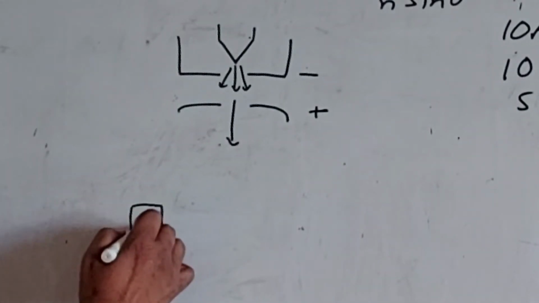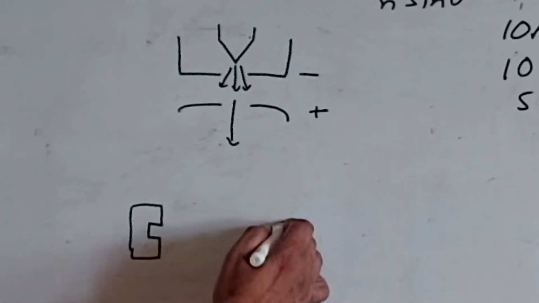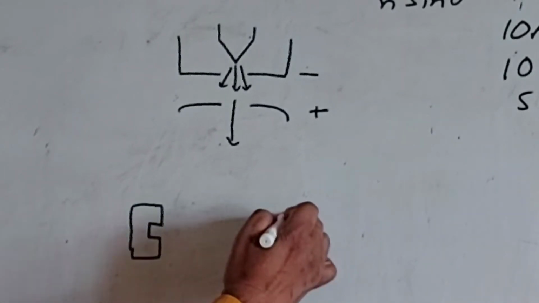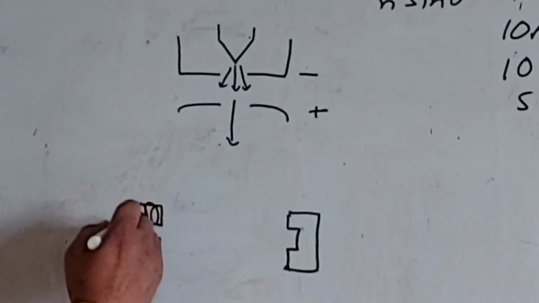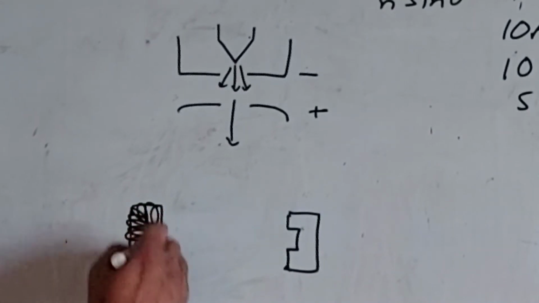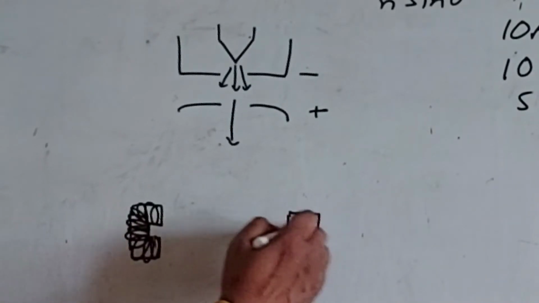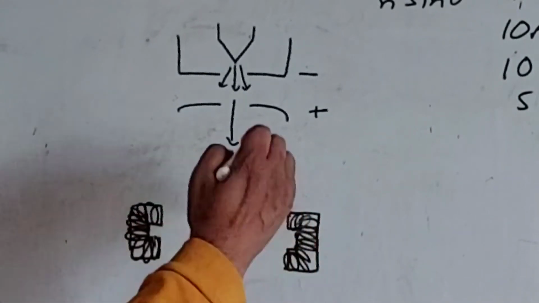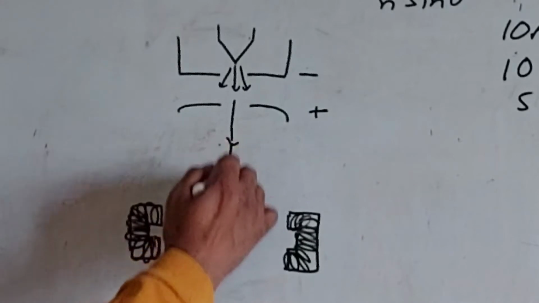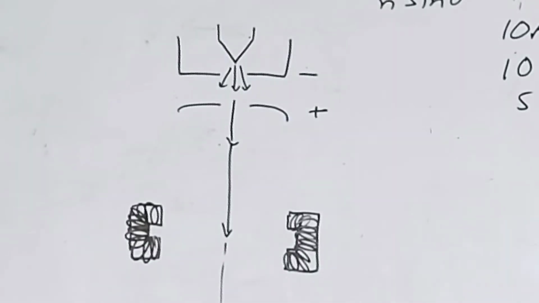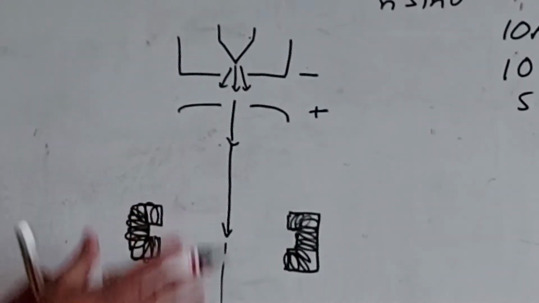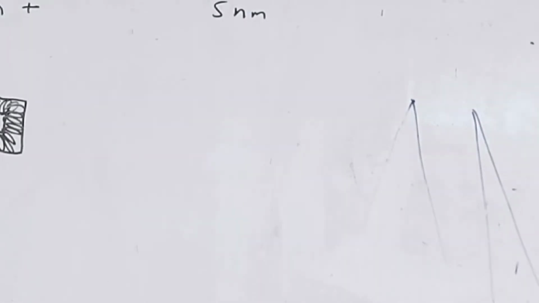It has some magnetic lenses like this. These lenses are coated with wires, copper wire. Through this it will pass through. And there will be a kind of setup. There are two basic types of electron microscope.